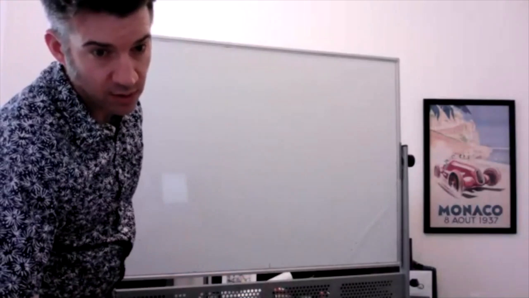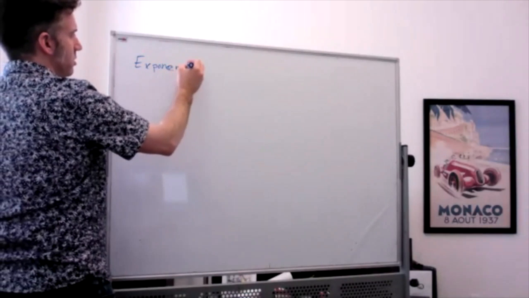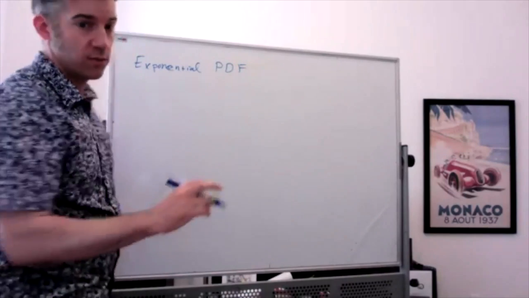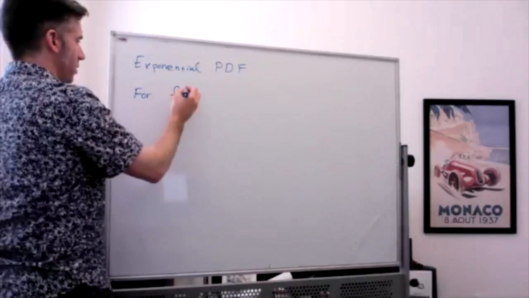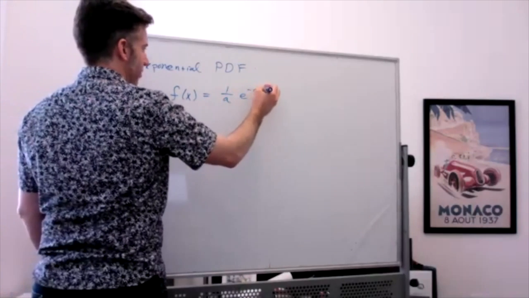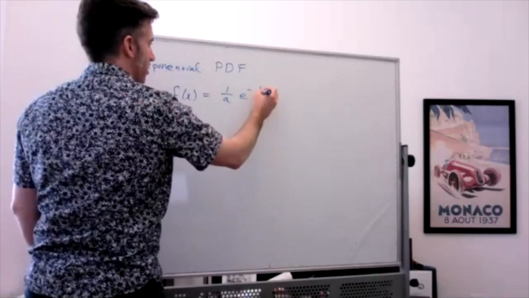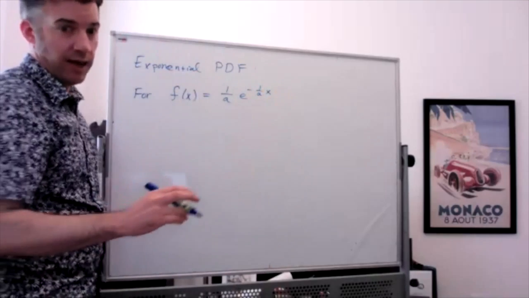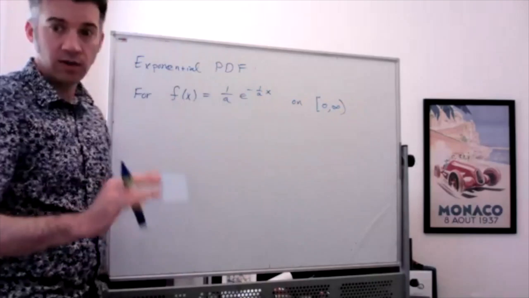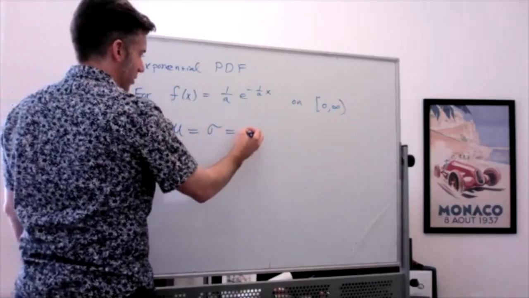So for an exponential probability density function, the following is always true. For your probability density function, f of x equal to 1 over a times e to the negative 1 over a x, we can say that, on the interval from 0 to infinity, it is always, always, always true that the mean and the standard deviation are both equal to a.